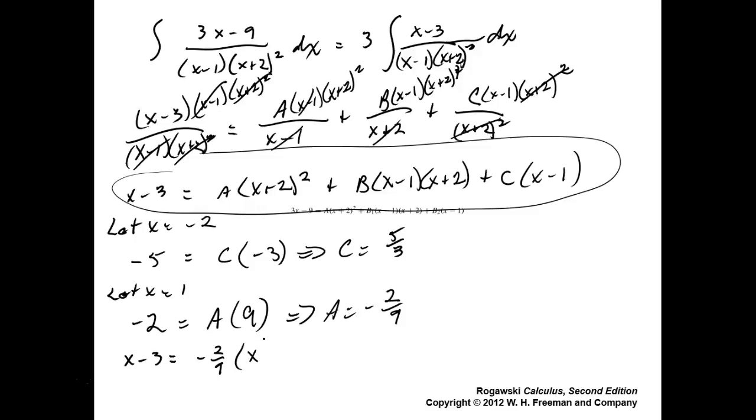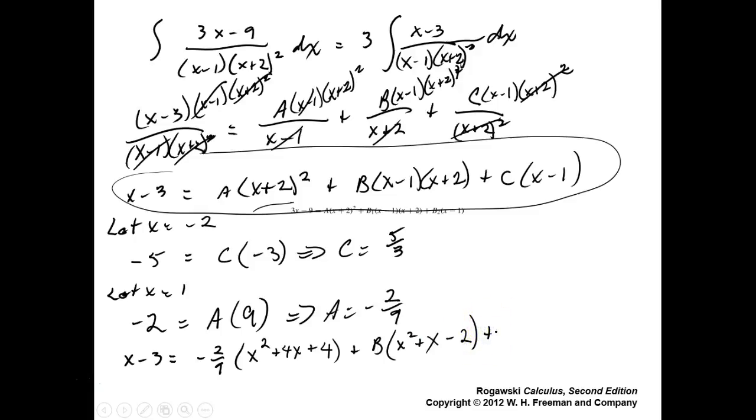Square the binomial, x plus 2 squared: x squared plus 4x plus 4. Plus B times, FOIL that, x squared plus x minus 2.